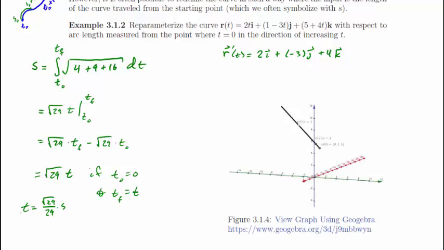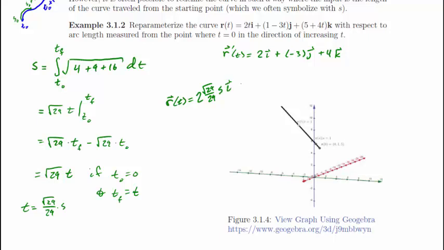So once I have this, I can plug it back into my curve to get that r of t equals 2 times the square root of 29 over 29 s, where I've just plugged in this for my t variable.